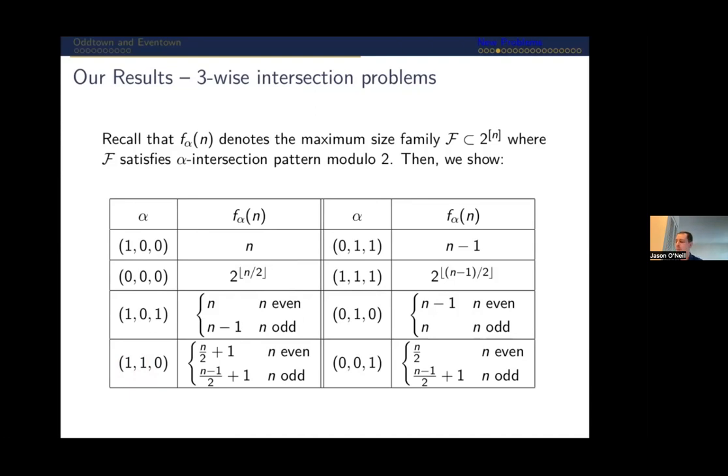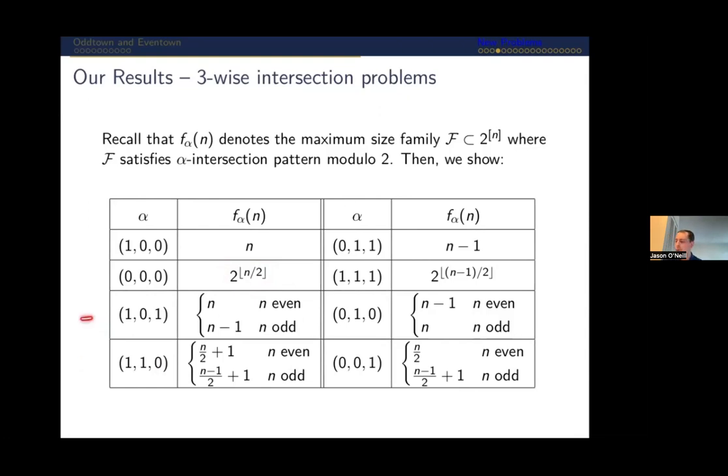However, by imposing this third condition, I now have a substantially smaller largest such family. The largest such family looks more like n over 2, as opposed to over here where it's 2 to the n over 2. Okay. So what I want to do is talk about this third row and the fourth row.